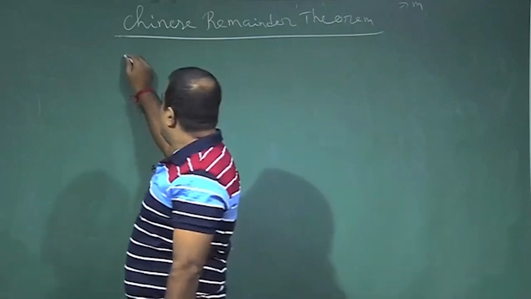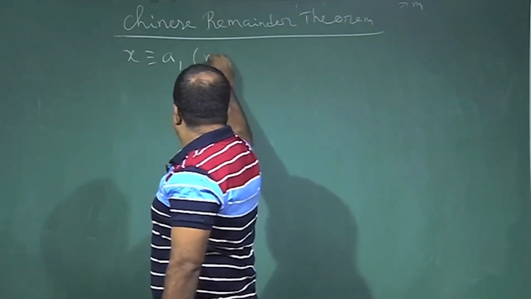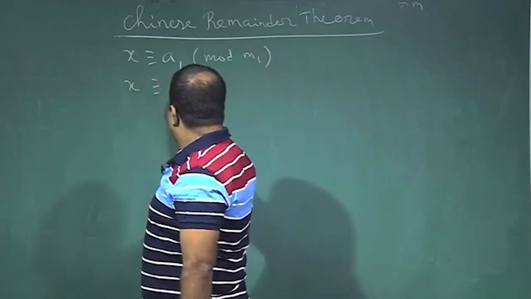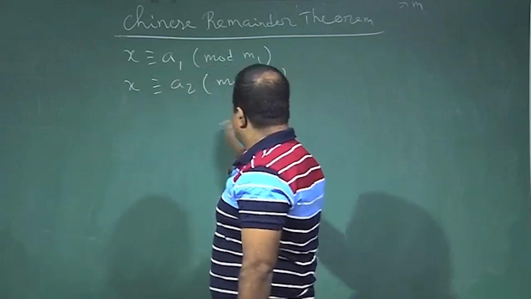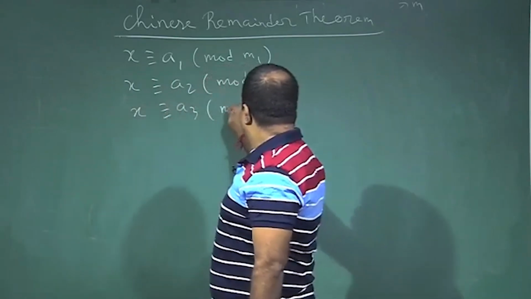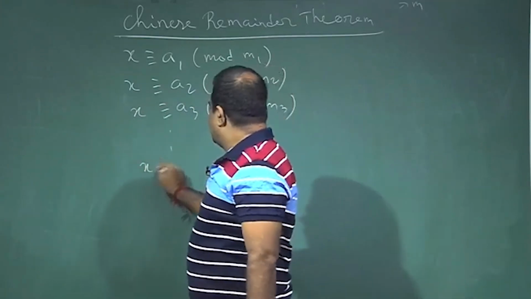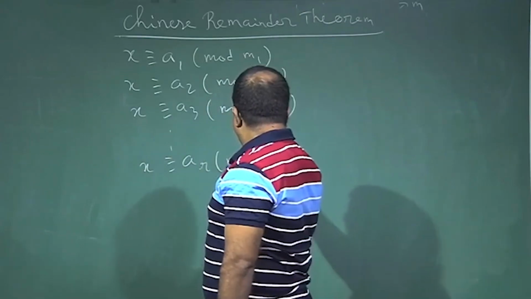Suppose we have r equations: x is congruent to a1 mod m1, x is congruent to a2 mod m2, x is congruent to a3 mod m3, dot dot dot, x is congruent to ar mod mr.